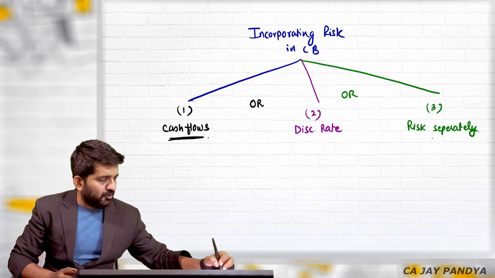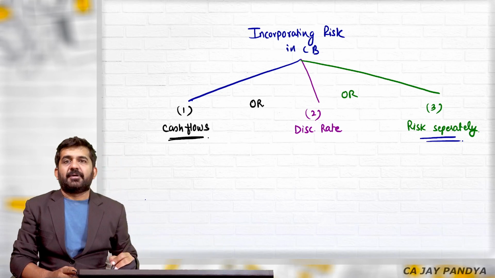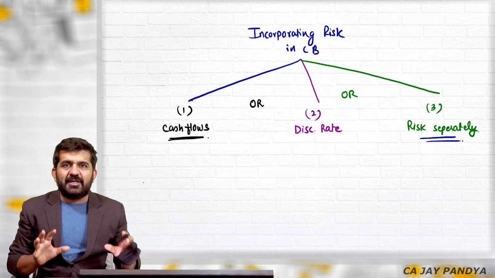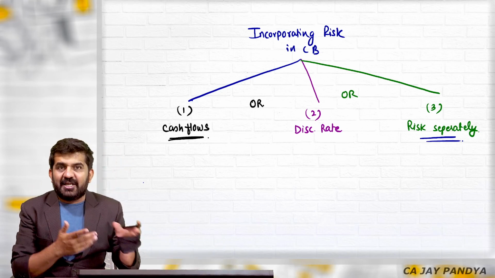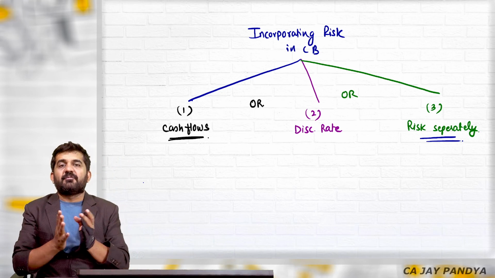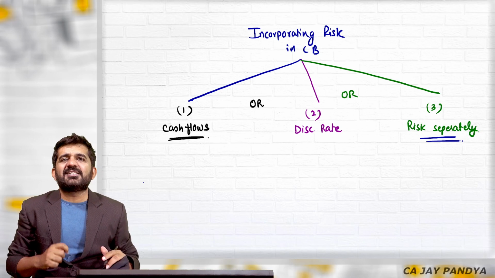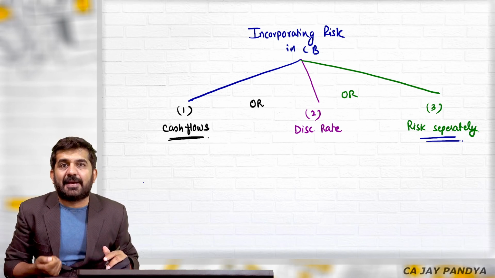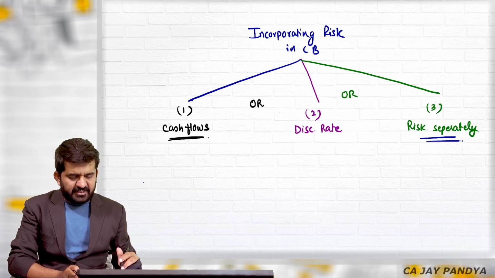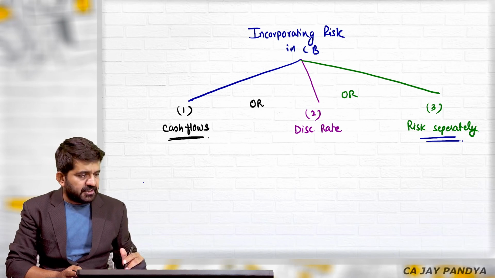We are finding out risk separately. Why? Project remains as it is. We are not even finding out NPV. In previous questions, we have not even found out NPV. So forget about cash flows and discount rate. We are just measuring risk separately. That is nothing but the concept of our second method, which is standard deviation.